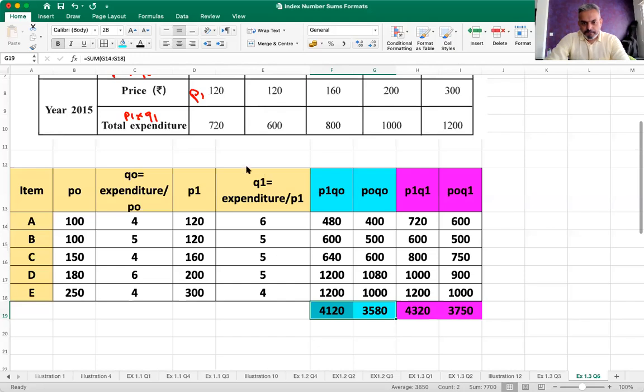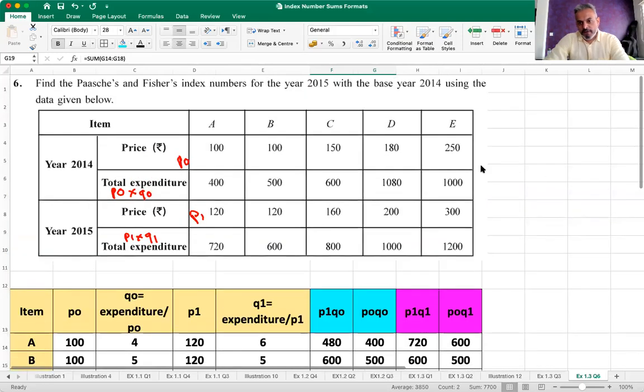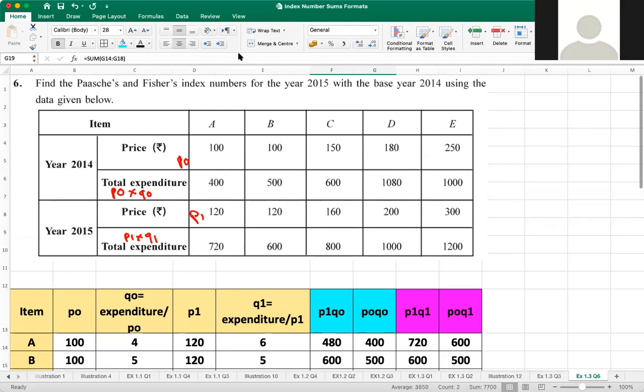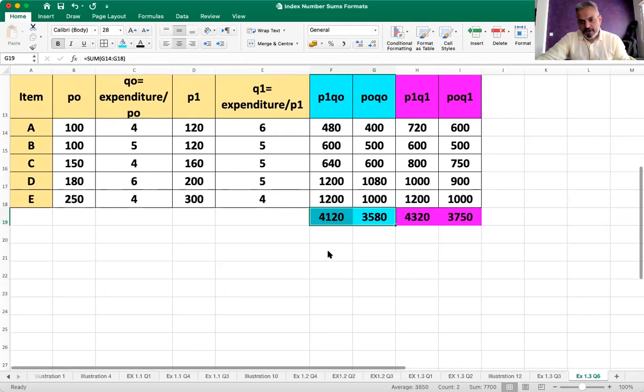Now let's find out various values. Over here we have to find out Paasche and Fisher only. So no need to find out Laspeyre. Okay, that's just not required. So here we'll use a bit different formula for Fisher.